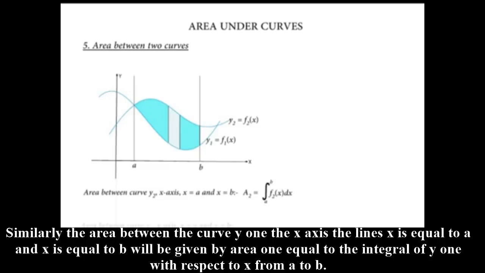Similarly, the area between the curve y1, the x-axis, the lines x is equal to a and x is equal to b will be given by area 1 equal to the integral of y1 with respect to x from a to b.